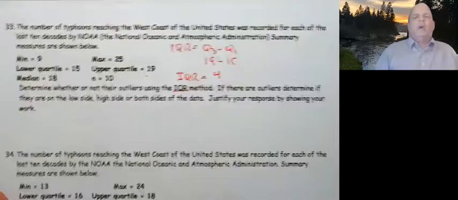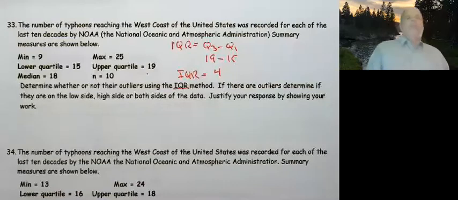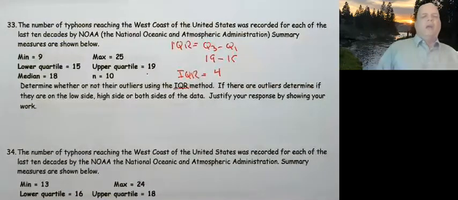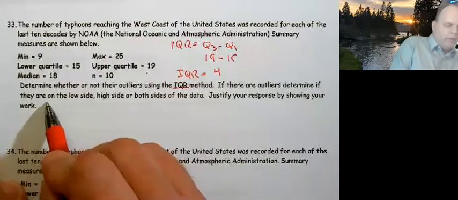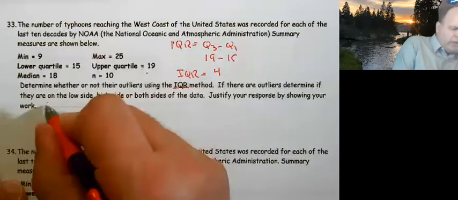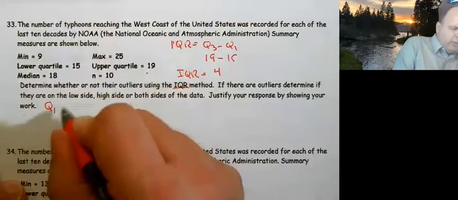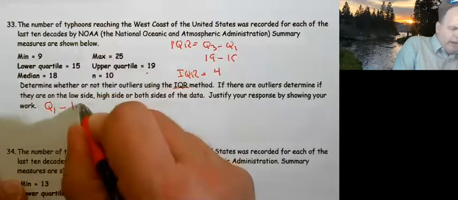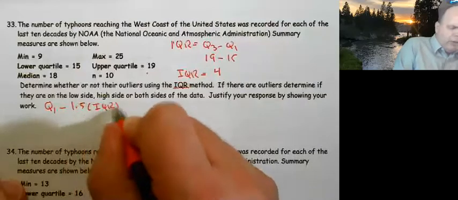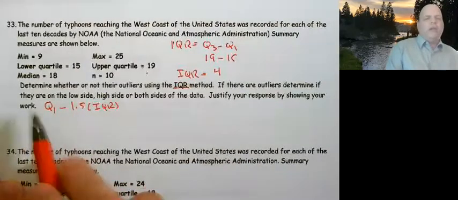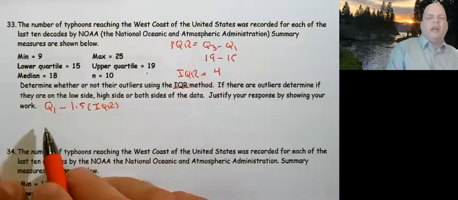All right. So I need to determine whether or not there are outliers on the low side and high side. I'm going to start with my lower fence, which has this formula, Q1 minus 1.5 IQR. Anything less than this value is an outlier.